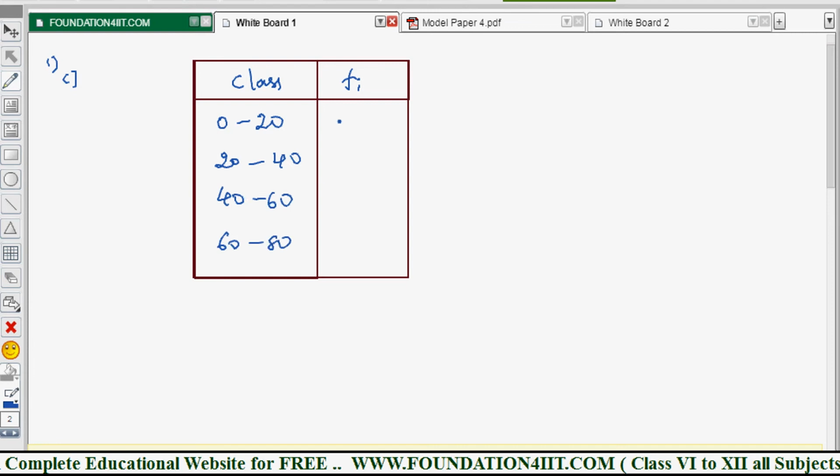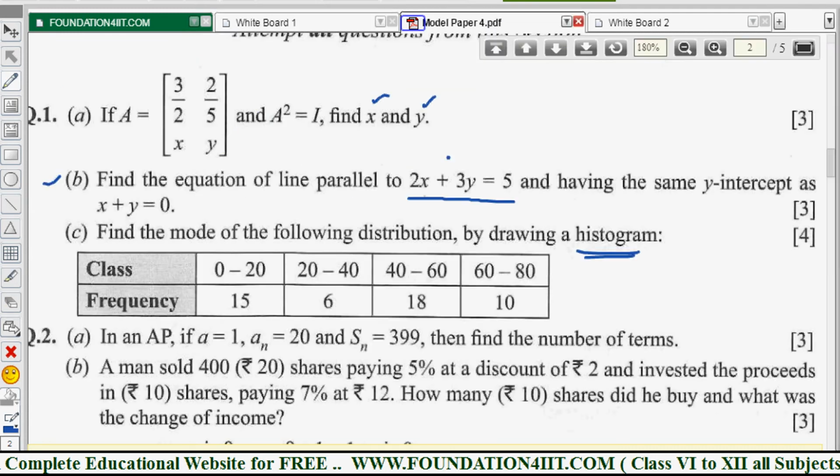By using the histogram only, you need to find the mode. And the frequencies are 15, 6, 18, and 10. Okay, this is the given table. Now find out the mode by drawing a histogram.